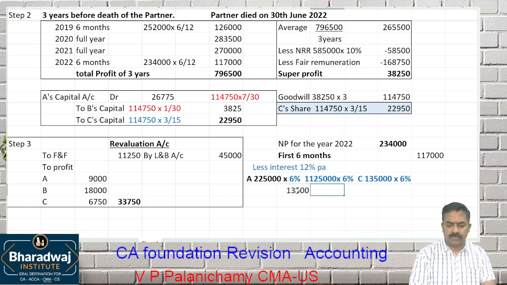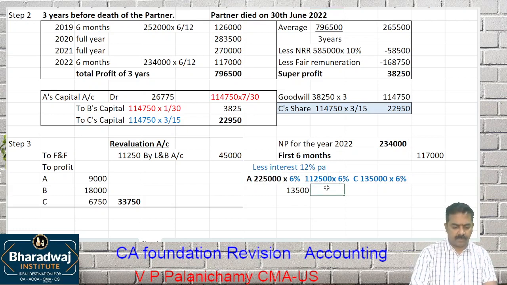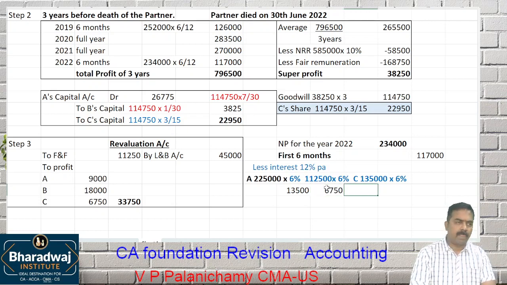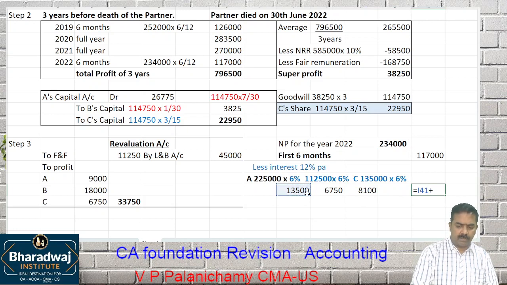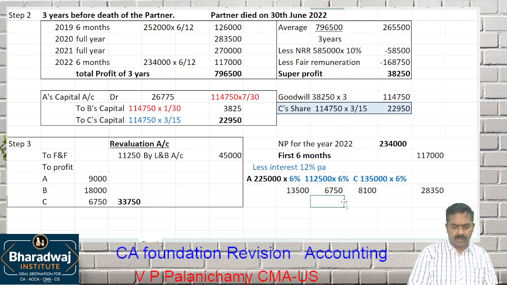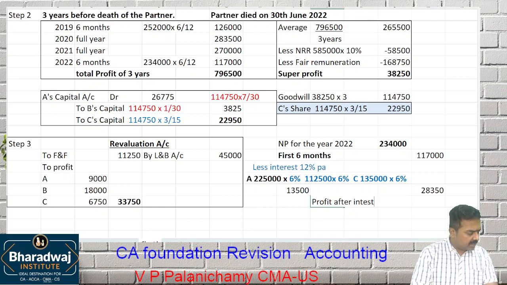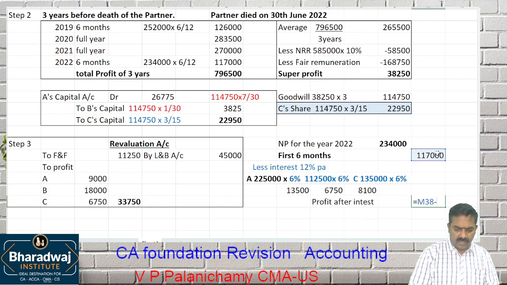B, 1,12,500 into 6%, 6,750. C 8,100. So total is A's interest plus B's interest plus C's interest. So profit after interest. How much will the profit after interest be? The 6 months 1,17,000 minus this.